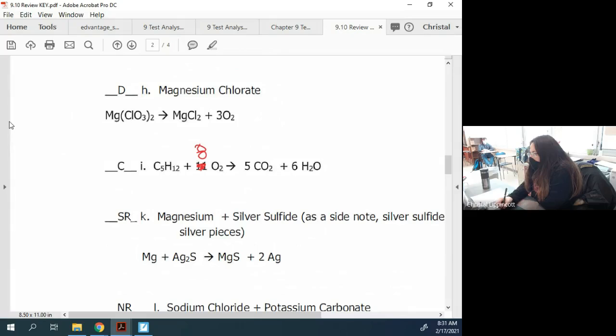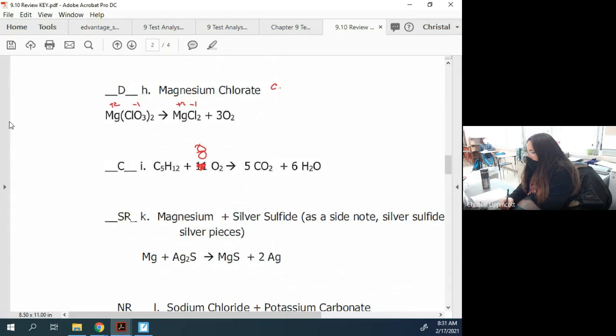So this is special case C from your decomposition sheet. It says that it forms a metal chloride and oxygen. So then I need to make sure that my charges are balanced on my formulas. This is a +2. This is a -1. This is a +2. This is a -1. So here I need more than one chlorate to get this to balance.